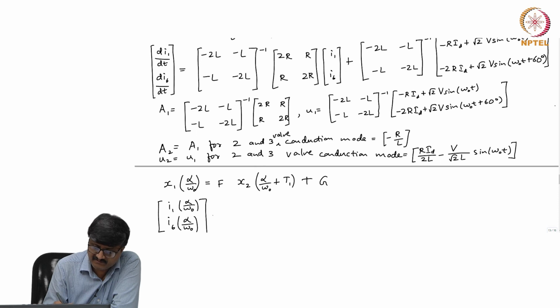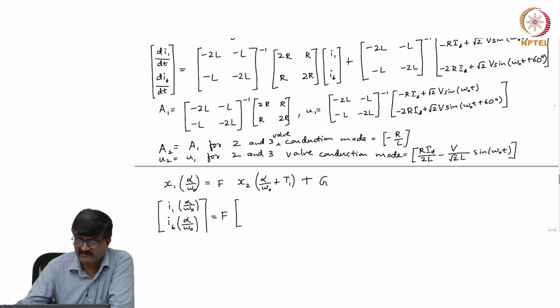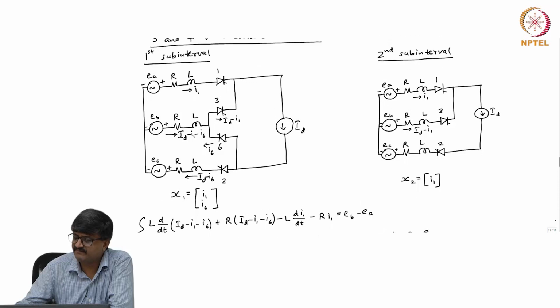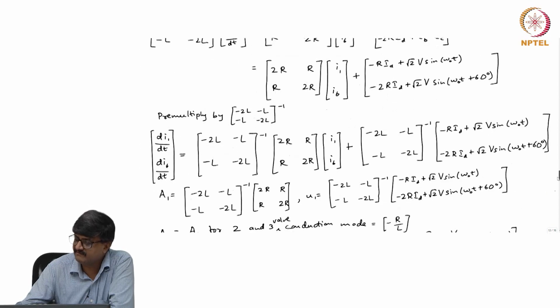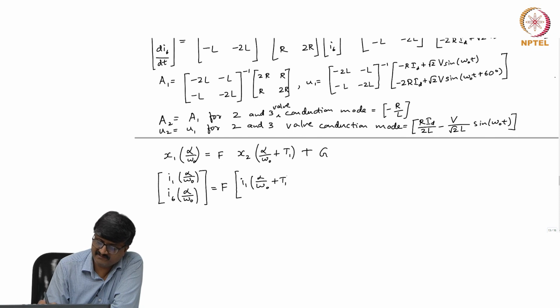This is equal to F into x2. Just now we saw what is x2: x2 is I1. For the second subinterval the only state variable is I1. So, it is I1 at alpha by omega o plus T1, plus G.